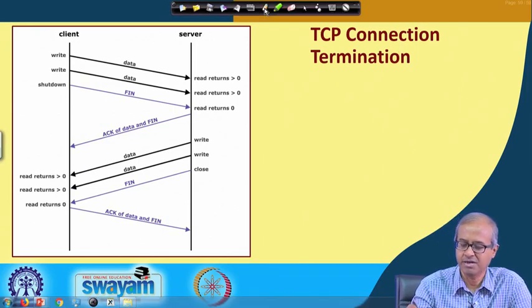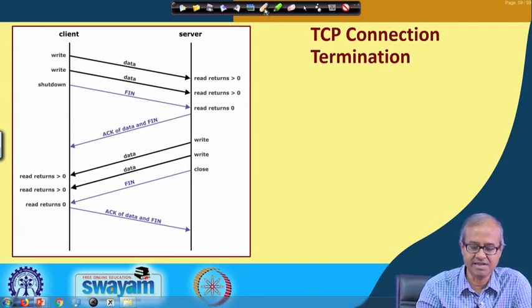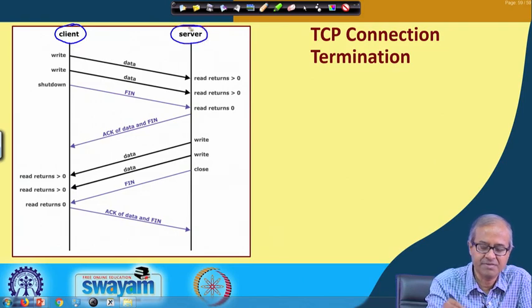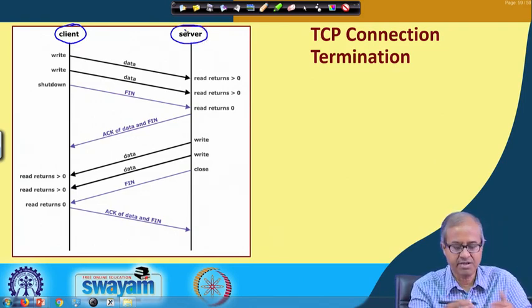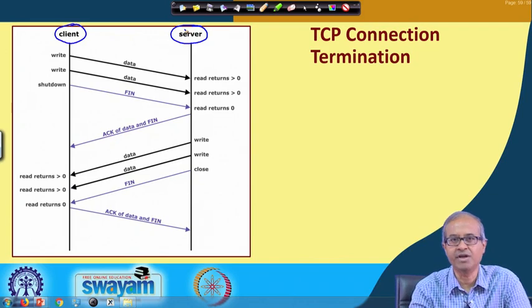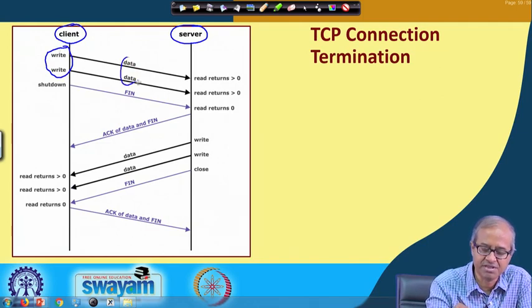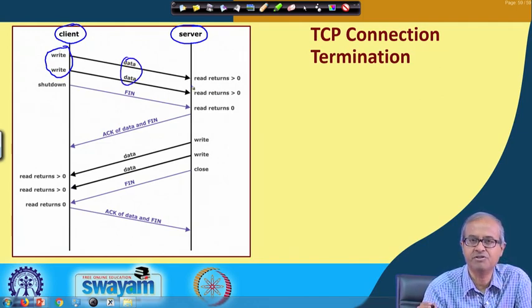And lastly, talking about TCP connection termination, I am just illustrating it here. This is the client, this is the server. I am showing it in the context of an ongoing communication. Suppose the client was transmitting some data, and it was coming to the server. So, the server was doing some read and the read was successful, returning some number greater than 0, meaning the read was successful.